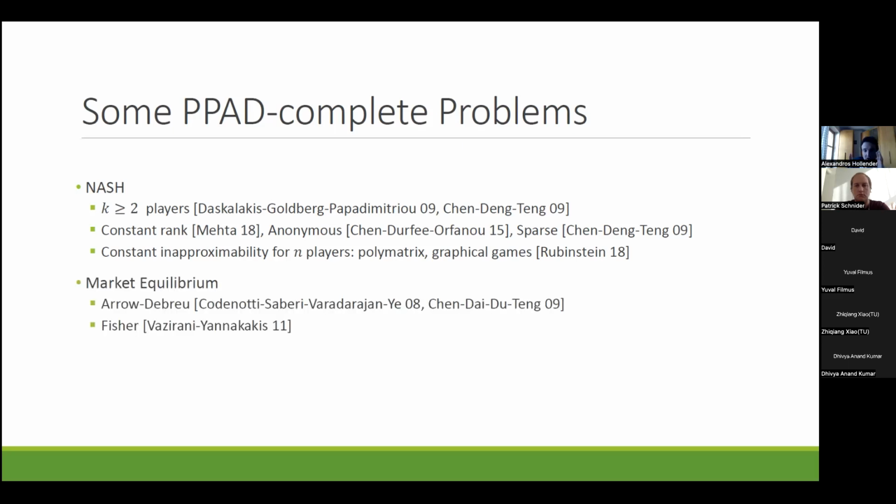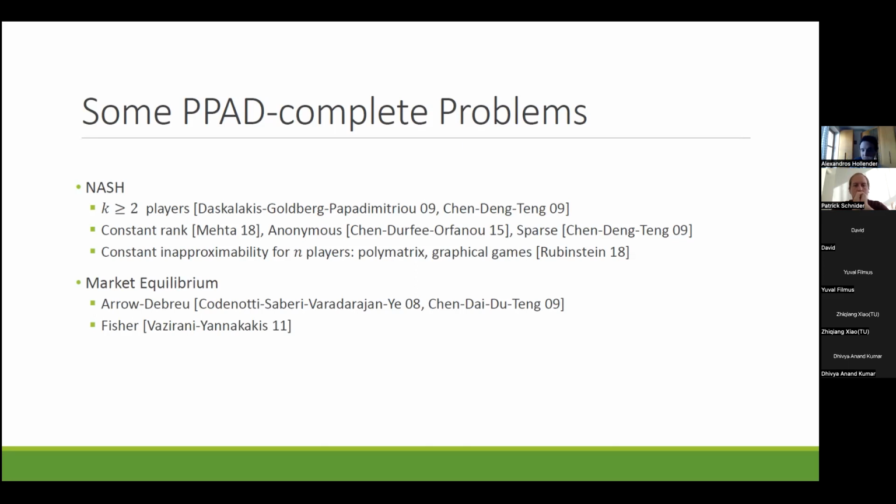The other very big and fundamental problem in economics is market equilibrium. That's really a very important problem. There's a very famous model for market equilibrium, the Arrow-Debreu model. Again, the question is, I give you a market with buyers and products, and you have to find a market equilibrium, namely the correct prices where everything is sold exactly in the quantity in which it is available.